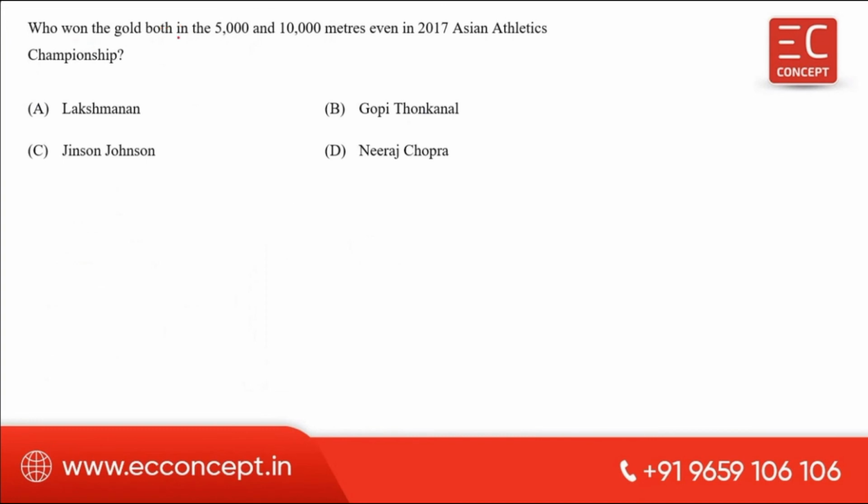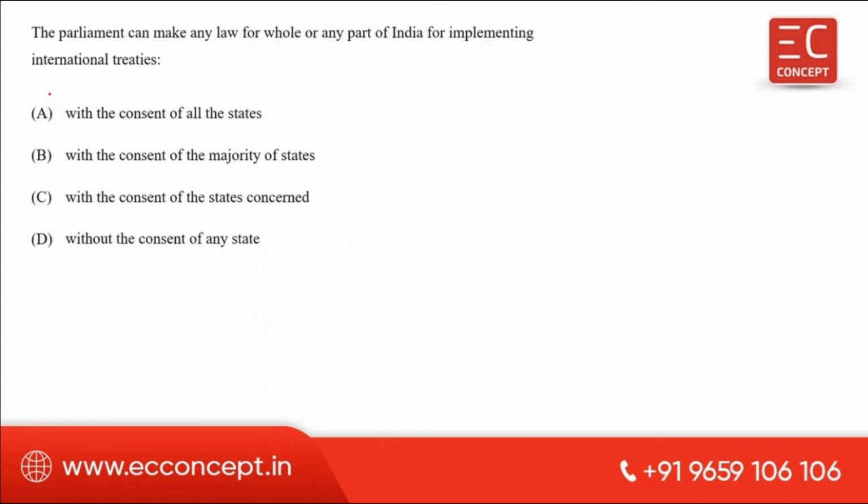Who won the gold both in 5,000 and 10,000 meter event in the 2017 Asian Athletic Championship? Lakshmanan. The next question is, the parliament can make any law for the whole or any part of India for implementing an international treaty, without the consent of any state. So this is a very interesting thing.